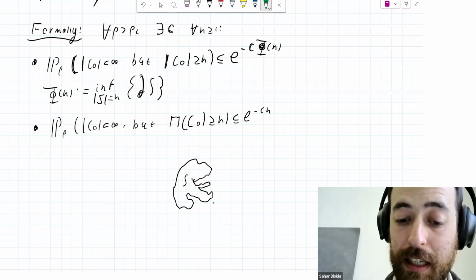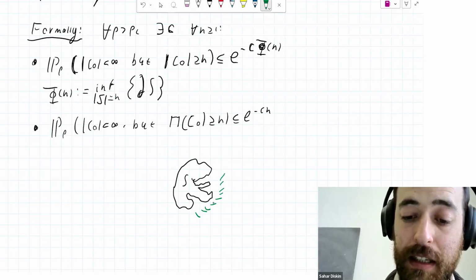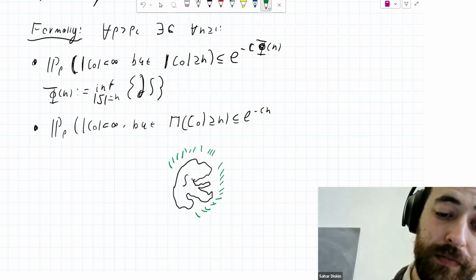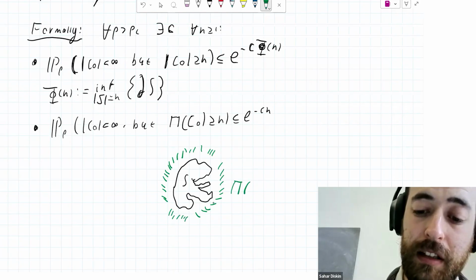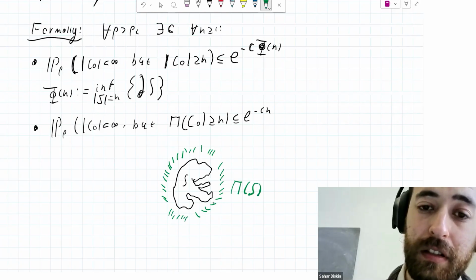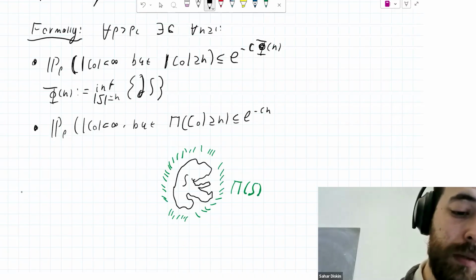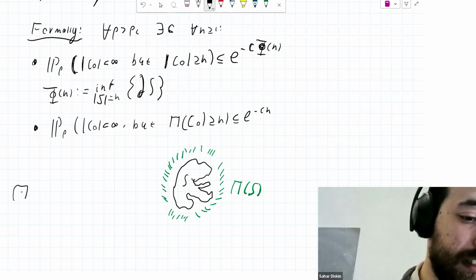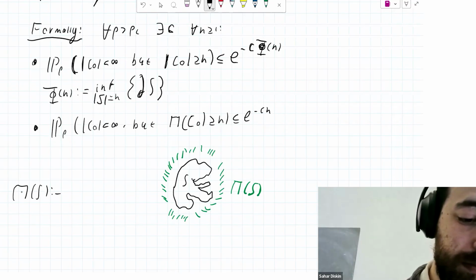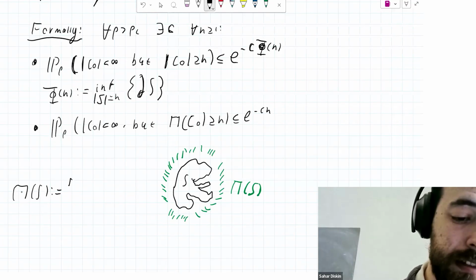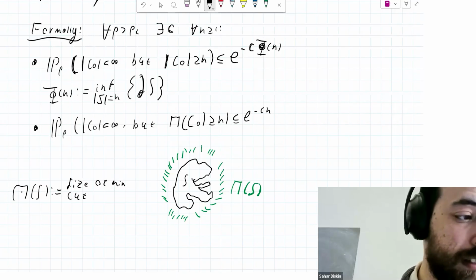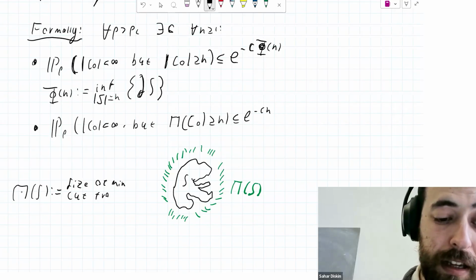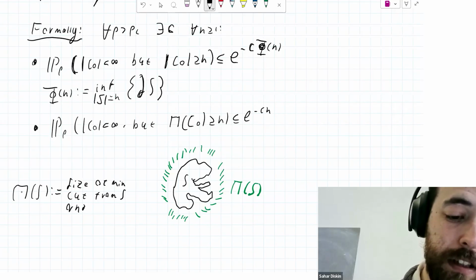So it's not necessarily the edge boundary of S, but there is some cut set here which separates S from infinity, and this would be pi of S. So formally, for any set S, pi of S is the size of the minimum edge cut set between S and infinity.